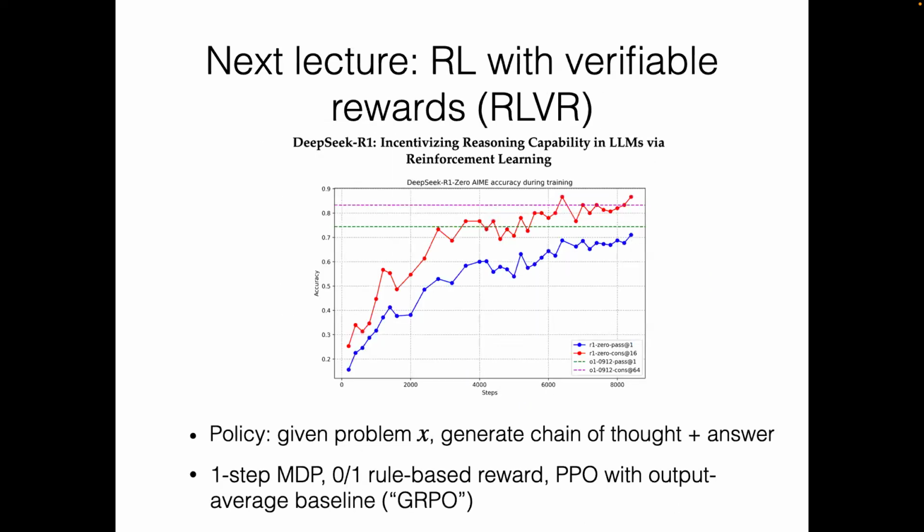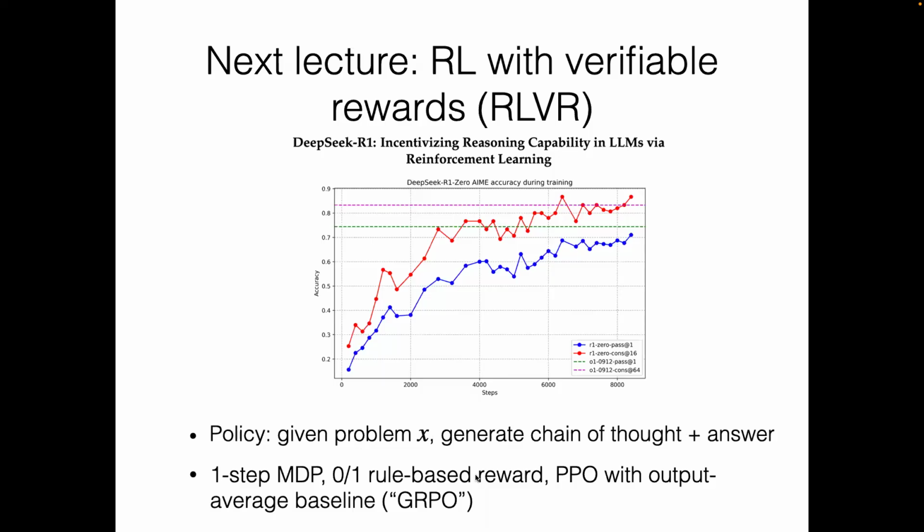And then we'll also talk about this recent setting, which is arguably even simpler, but has taken off. It's called RL with verifiable rewards. Human preferences are kind of hard to evaluate, but there are things that are really easy to evaluate, like whether the answer to something is correct or not, as in math problems.